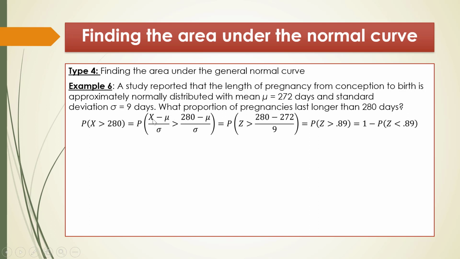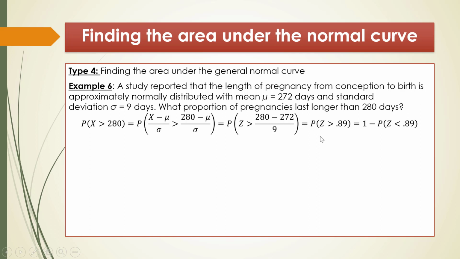However, do not substitute 272 and 9 into the left-hand side, because (x minus mu) over sigma follows z, so we replace it by z. Now we have converted the problem into a standard normal distribution problem. So go ahead and compute the right-hand side.